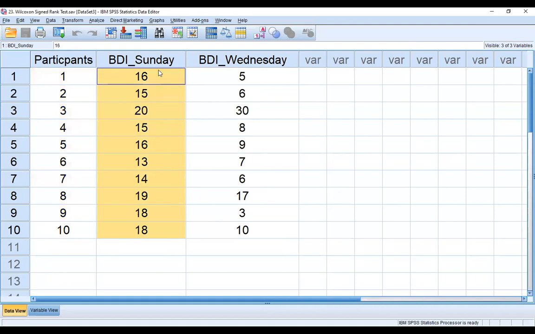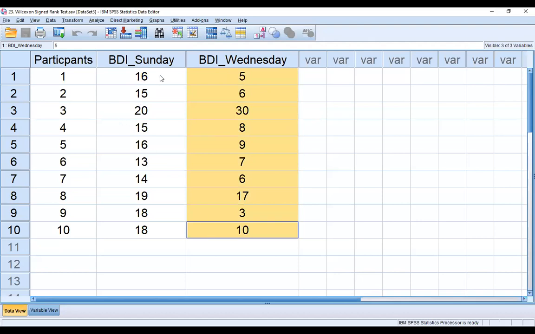On Sunday, doctors giving the tablet to the patient, and after one day it's the depression score of the patient, and after continuing 3 days the doctors giving the tablet to the participant, and after 3 days the score is this. So same participants we are measuring two times, so we use Wilcoxon.